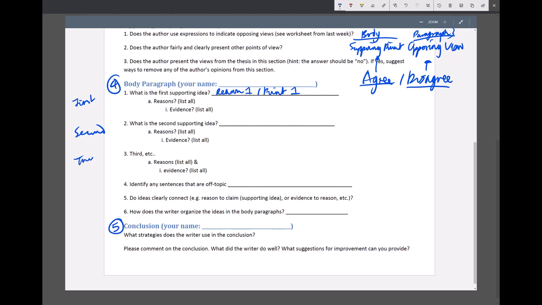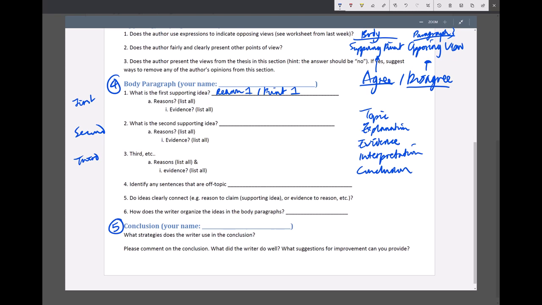third, and you're going to have a topic sentence, you're going to have an explanation for your reason, you're going to have the evidence itself, and you're going to interpret that evidence, and then you'd link it back to your thesis.